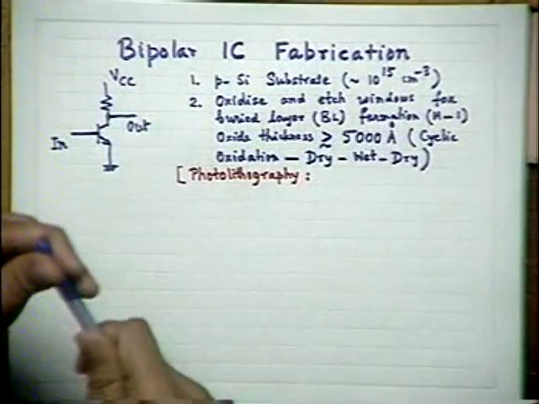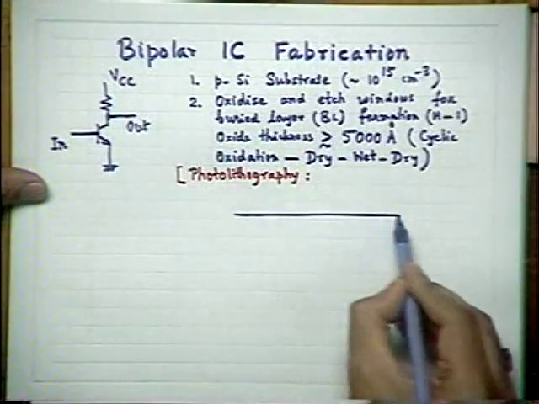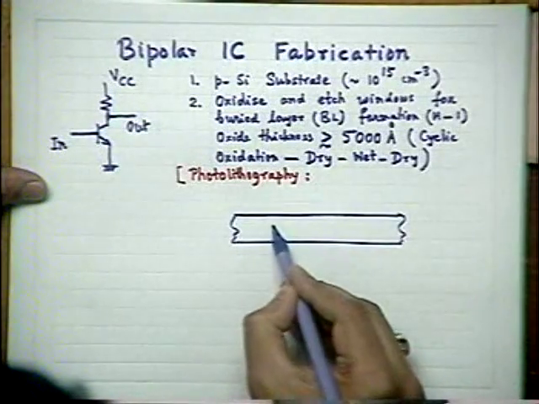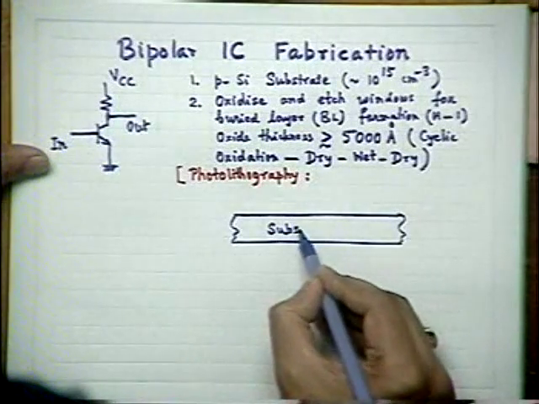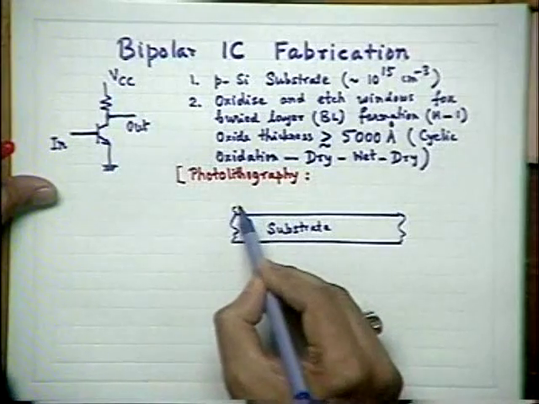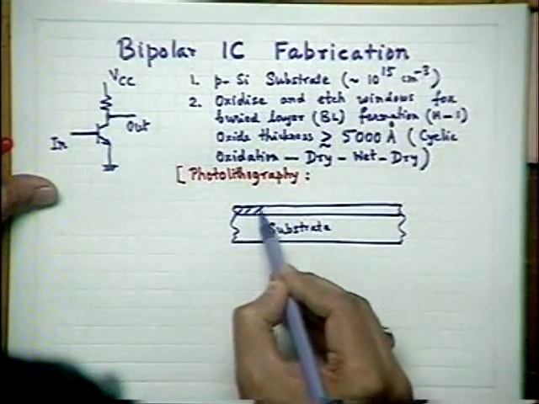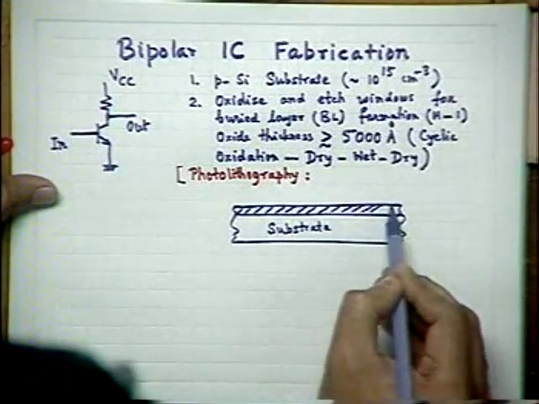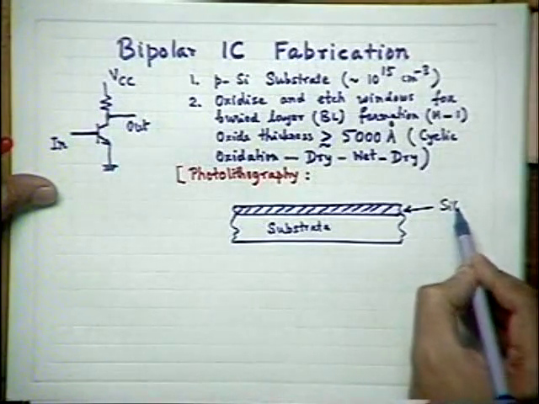In this case, we take the substrate first. This substrate may have a grown oxide on the top, or it may not. It depends on the application. Okay, this may be an oxide film.